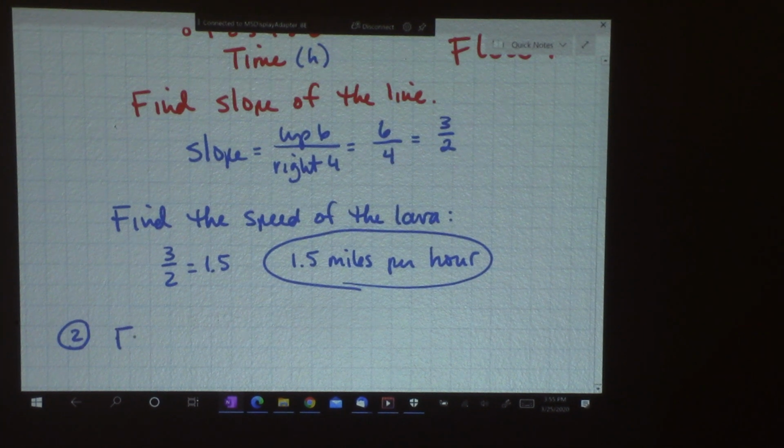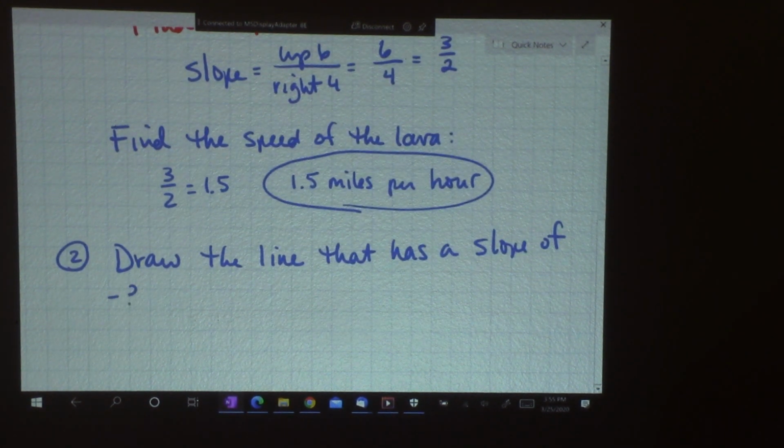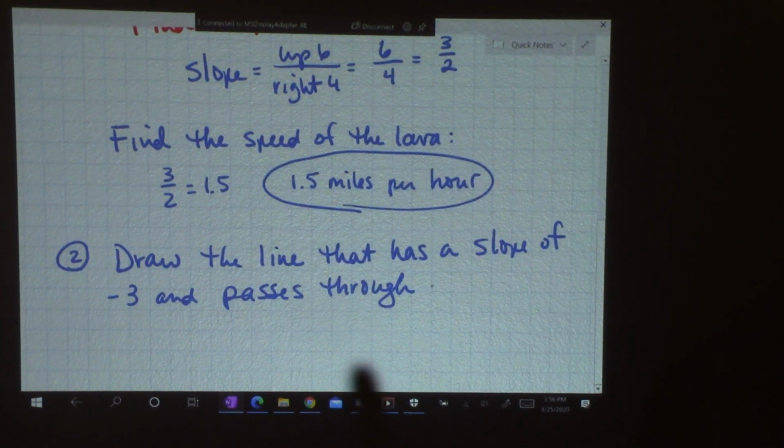The directions are draw the line that has a slope of -3 and passes through 2, 5. Oh, someone's cooking in the kitchen.